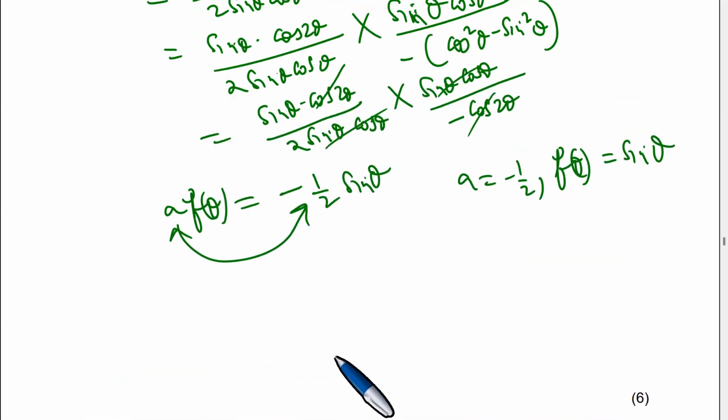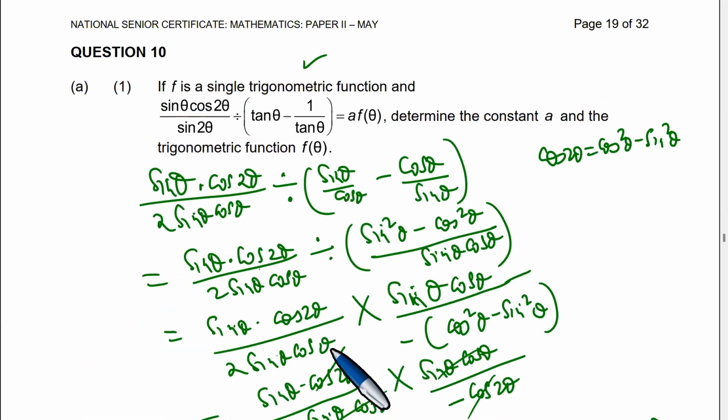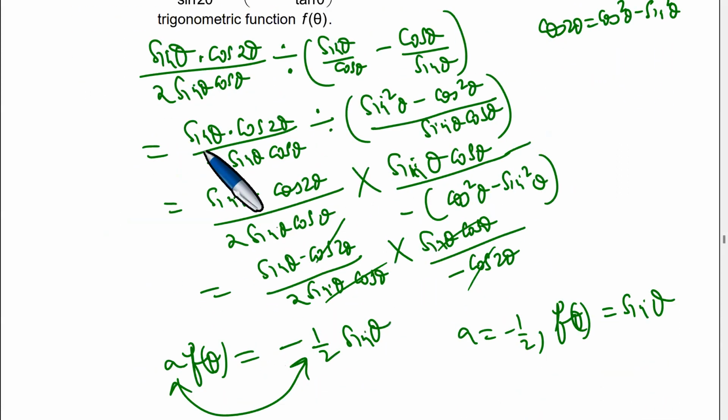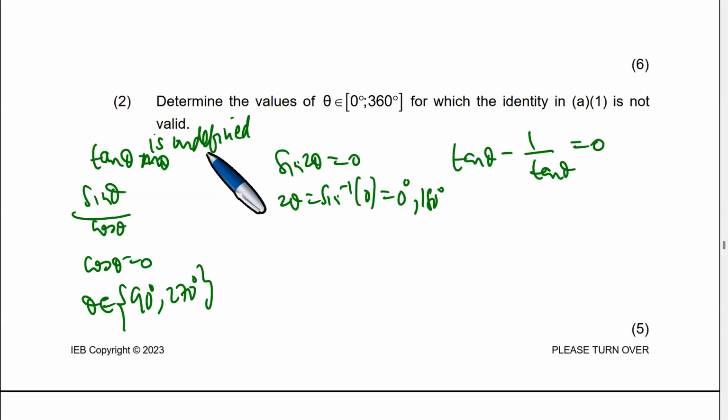Okay, sine 2 theta equals 0. If you divide by 2, theta is 0 divided by 2. You divide 360 by 2, you get 180 degrees.